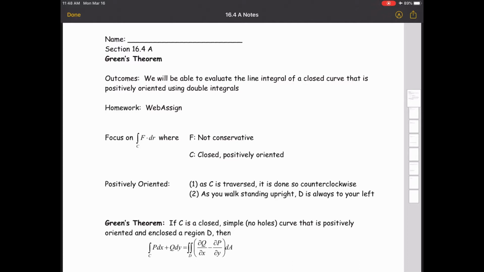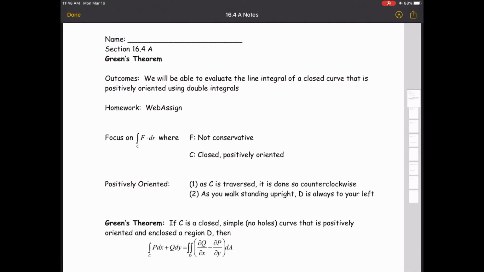And the test for that was that dp dy equaled dq dx as long as we only have 2 variables, and if we had 3 variables, there was really no easy way to do that as of yet. So we'll get to all that.